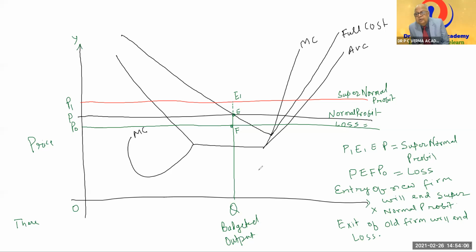So equilibrium price must be where there is full cost coverage. Under full cost, there is no supernormal profit. There is a normal profit which they want to obtain. But more than full cost and less than full cost is not sustainable.